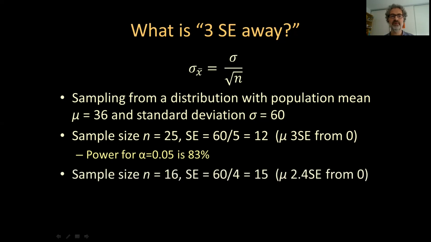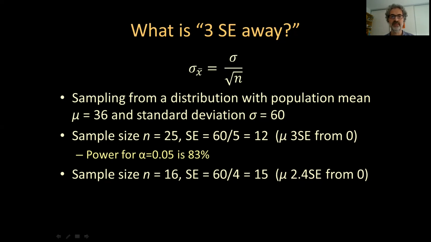If you sample with 16 individuals, a very small sample size of 16, the standard error will be the standard deviation of 60 divided by the square root of 16, equal to 15. If you divide the mean by its own standard error, we see that the mean is now 2.4 standard errors away from 0.